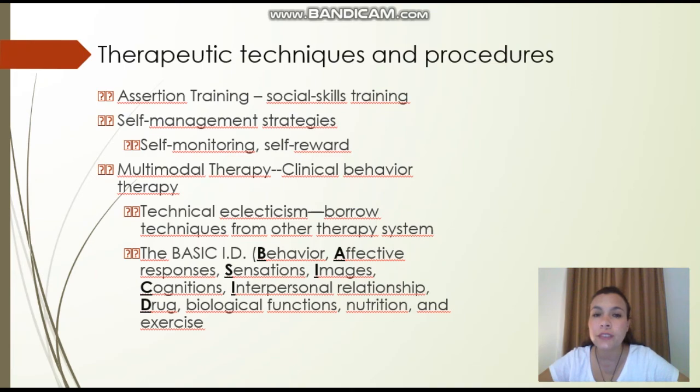After behavior therapy took its basis on the psychology of learning, of course, it was extended beyond that, and the basic ID involves an extended version, not just focusing on behaviors, but involving other dimensions of a human being as well. So, recent and more actual behavior therapists try to get an overview using this basic ID perspective to evaluate a person and to lead change in their behaviors.